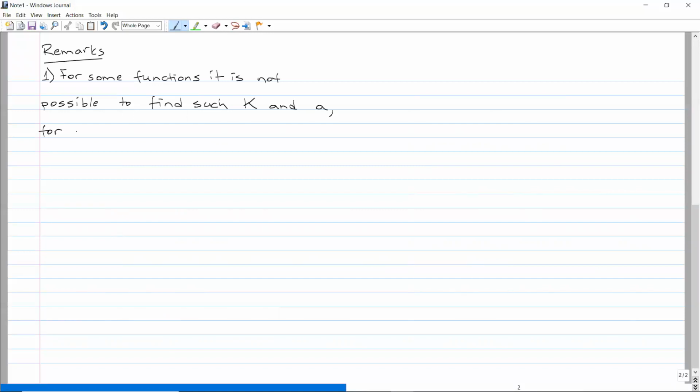For example, e to the e to the t. So this twice-exponential is faster than the exponential. It's the other way around. So for this function, the Laplace transform does not exist for any value of s.